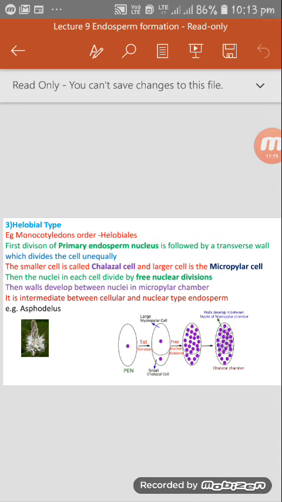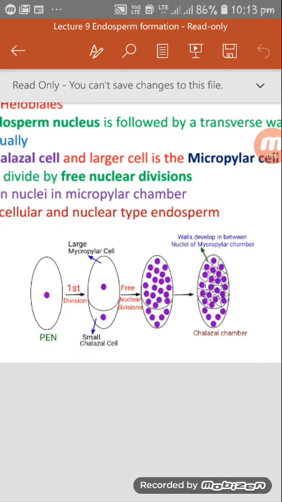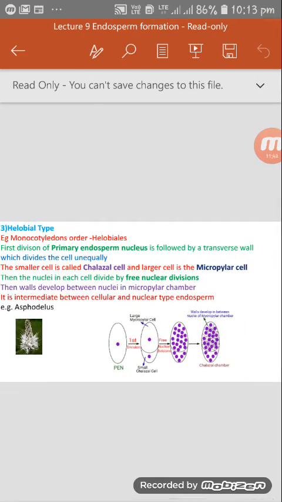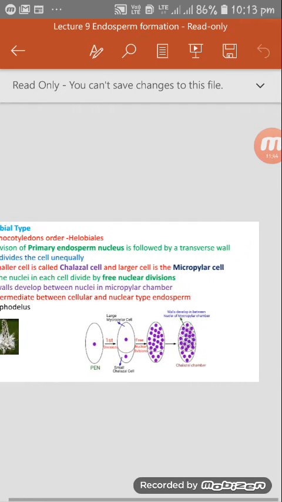So it is termed as helobial type, an intermediate between cellular and nuclear type of endosperm. Example, Asphodelus. Look at the diagram and draw this diagram in your notebook. All the three types.